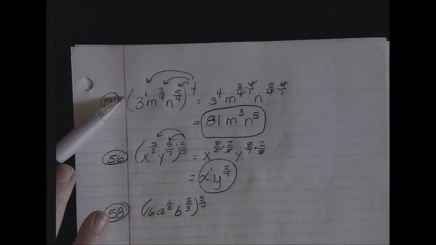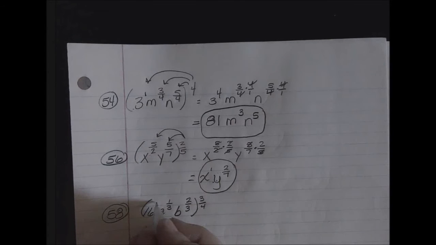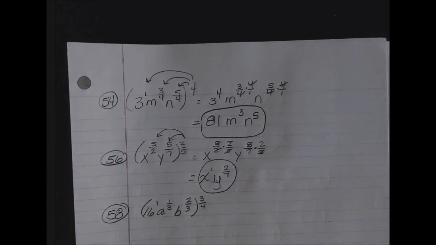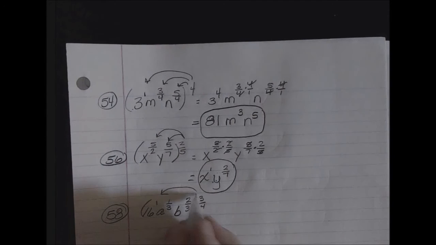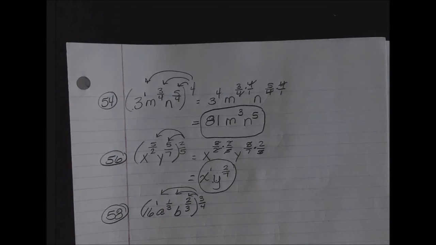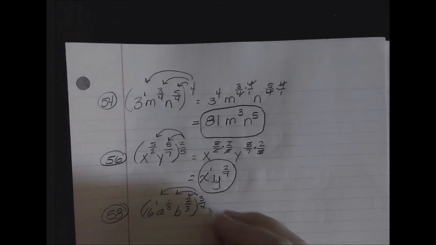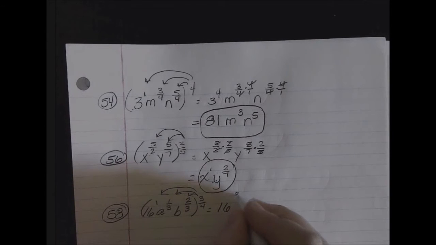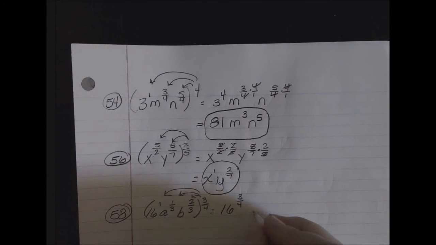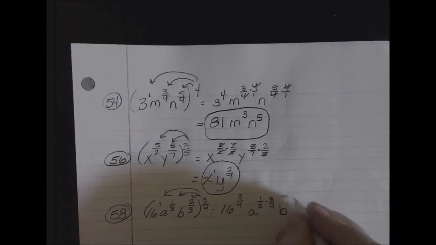It's just kind of invisible, okay? It's understood that there's going to be a 1 there for that 16. So I have to multiply that exponent times every exponent inside that parentheses. So that gives me 16 to the 3/4, a to the 1/3 times 3/4, b to the 2/3 times 3/4.